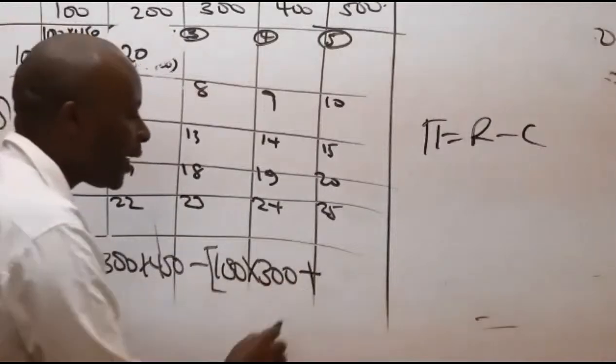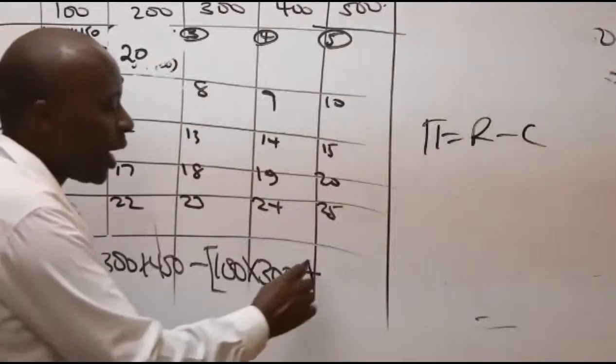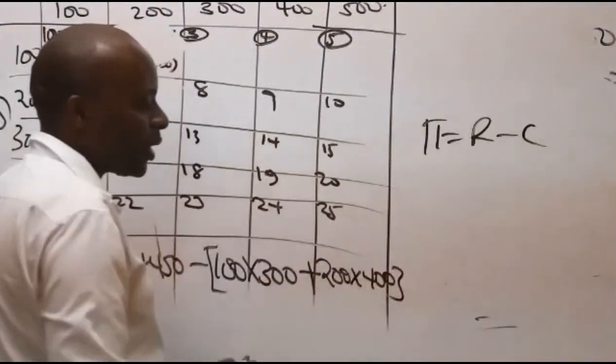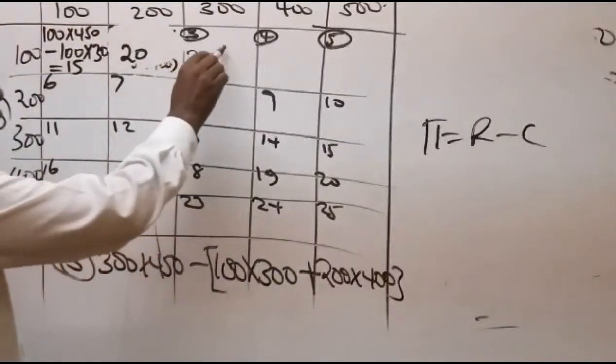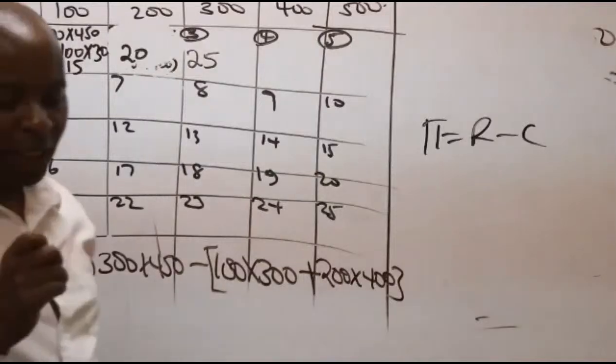Plus, we've got this other excess. You can see in total, we want to sell 200 more, so that has to be at a higher cost, which is 400. And I can see somebody telling me that, Mwalimu, your answer will be 25. Thank you very much. I can see students now who are really following.